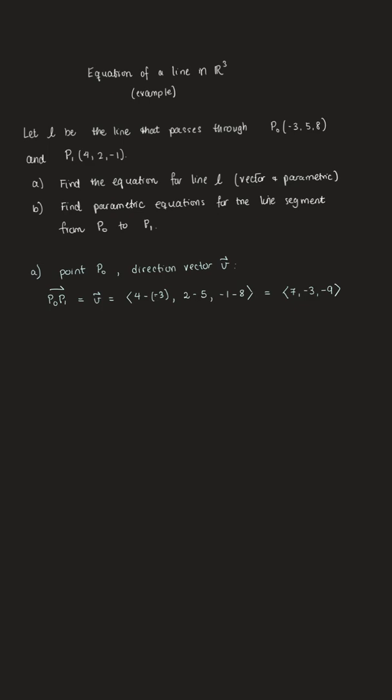Now, the vector equation of a line will generate all of the points on that line. So we have x, y, and z equal to the position vector of the point that we have, x0, y0, z0, plus t times our direction vector. Let's call it ABC.